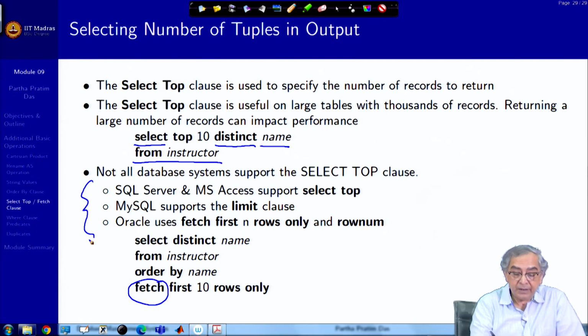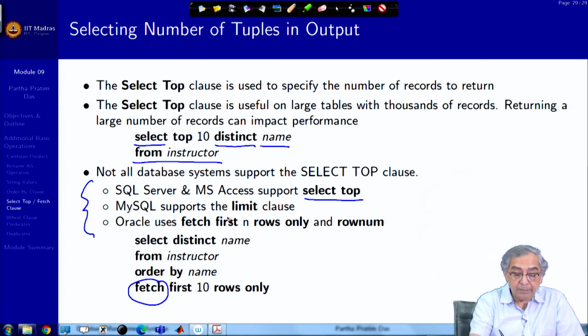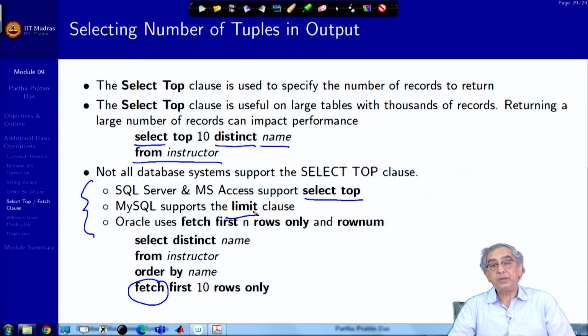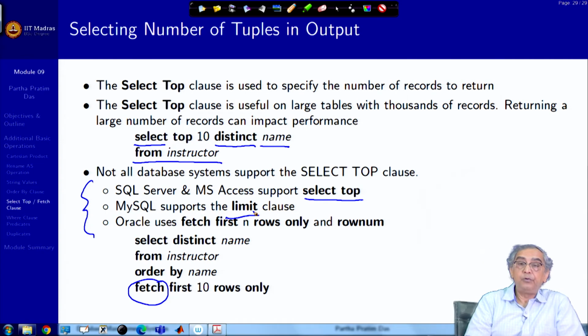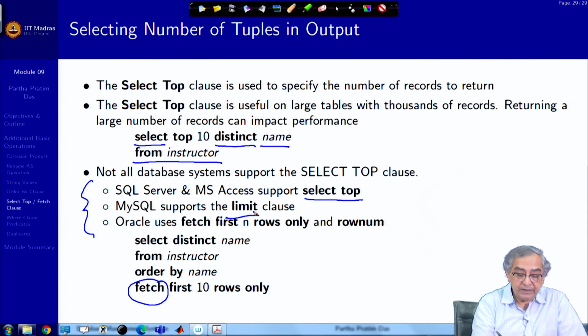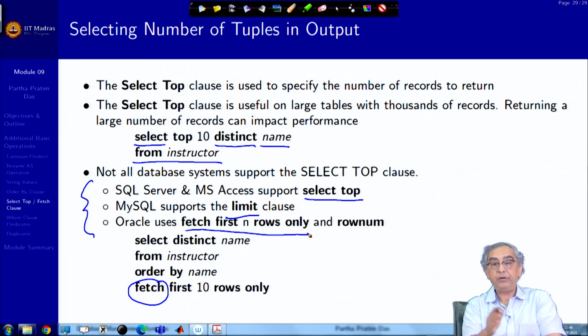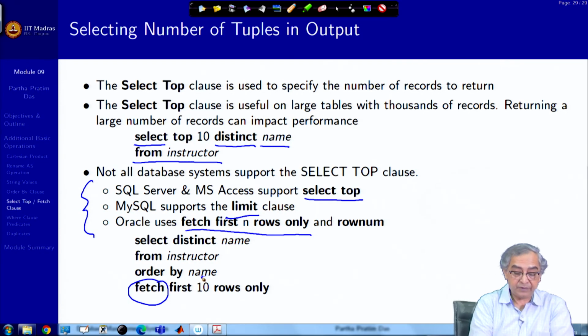So, SQL Server and MS Access use the select top syntax. MySQL uses what is called limit, and Oracle, which more closely follows the SQL standard, says fetch first n rows only. Right. So, first 10 rows only.